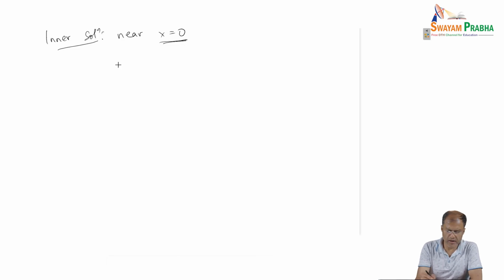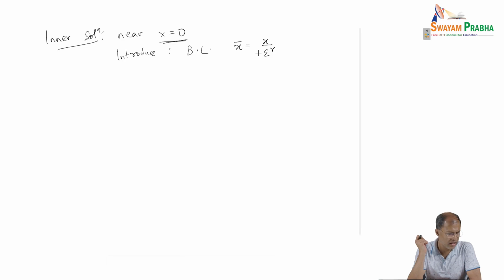If we introduce the boundary layer coordinate, we have x bar equal to x over epsilon to the power gamma. This is my initial assumption for the singularly perturbed solution.